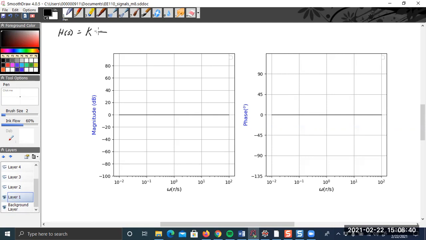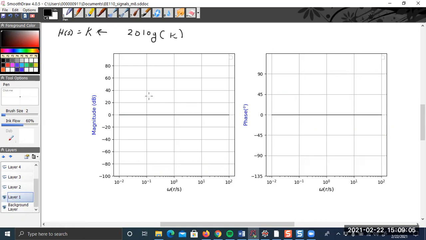like we have here, then to find the magnitude, we would just take 20 log of that constant, and it has no frequency dependence, right? And just as we have one, we can have 0.1.